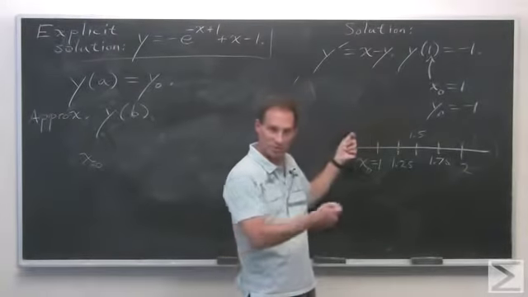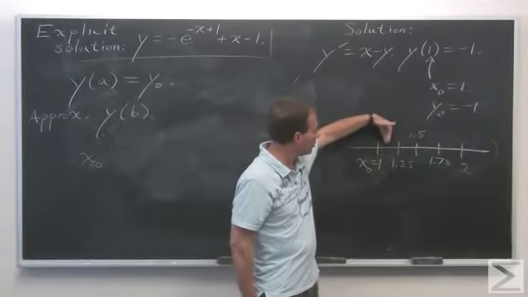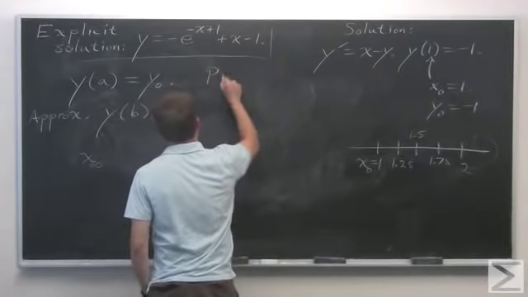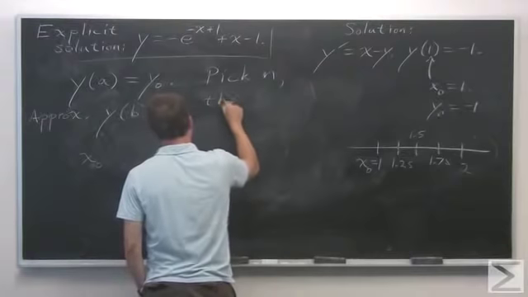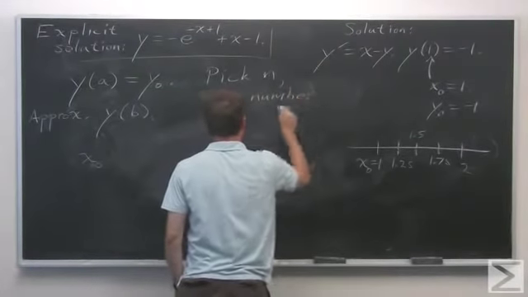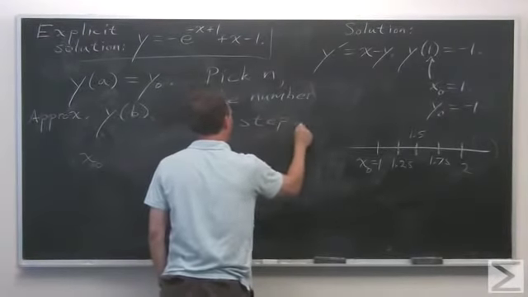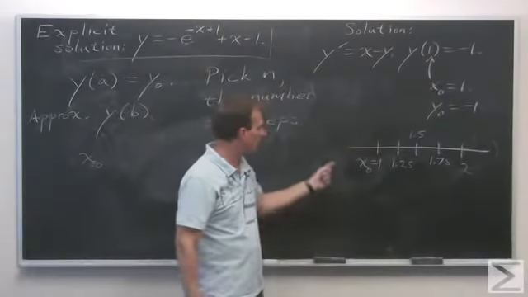You pick some number of steps, so some number of subintervals. Originally we just did one subinterval. We went from 1 to 2 in one step. Now I want to do it in 4 steps. So I pick a number of steps. It's usually called steps, but it's also the number of subintervals. Then you want to give a name to the amount that x changes each time.